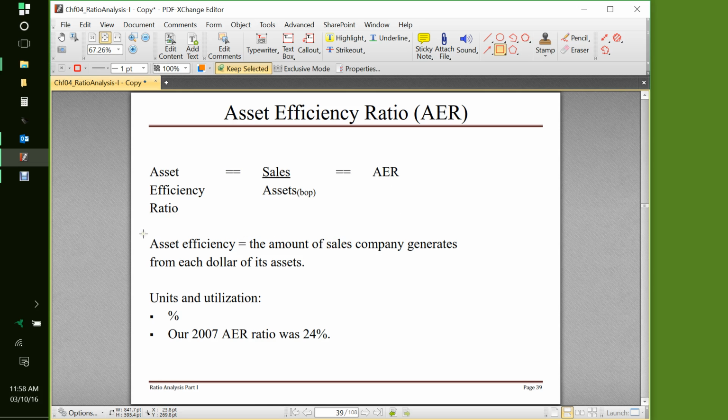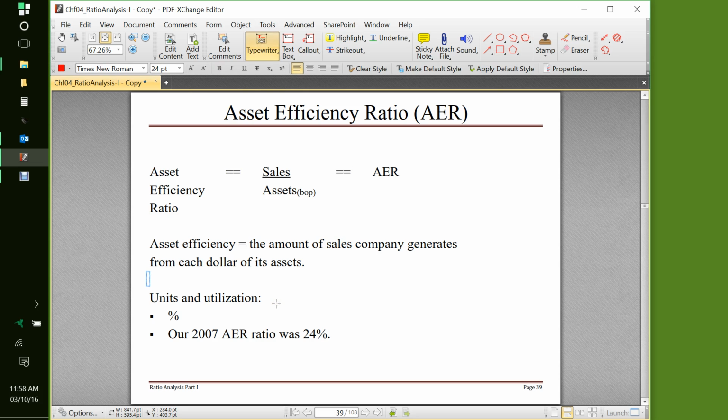Again, what's it telling us? It's telling us how much sales we were able to squeeze out of each dollar of assets that it had at the beginning of the period.